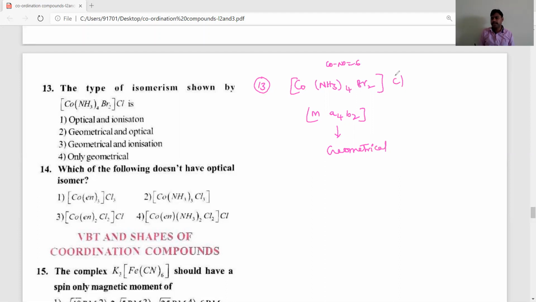And in addition, the chloride ion is in the ionization sphere. The chloride ion will be exchanged between the coordination sphere and the ionization sphere, and the bromide ion will come outside, so it also exhibits ionization isomerism.